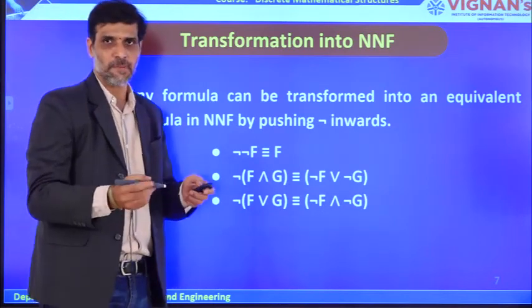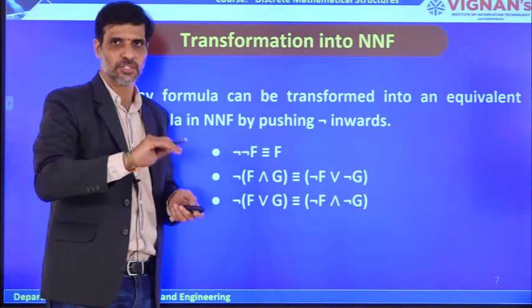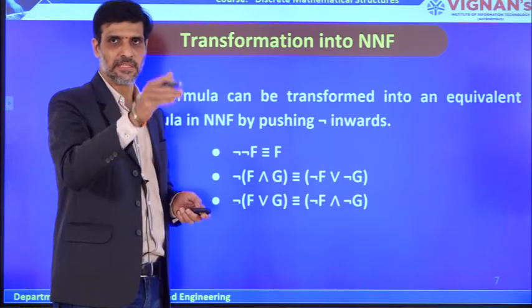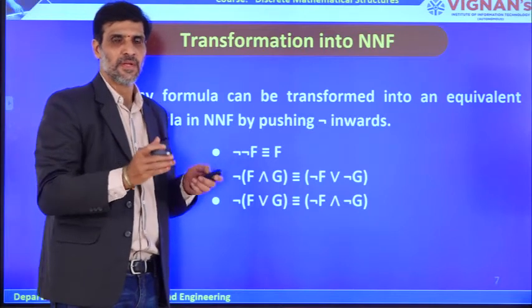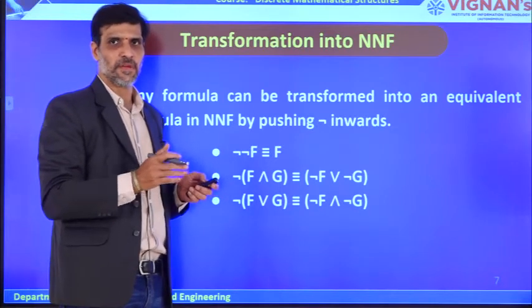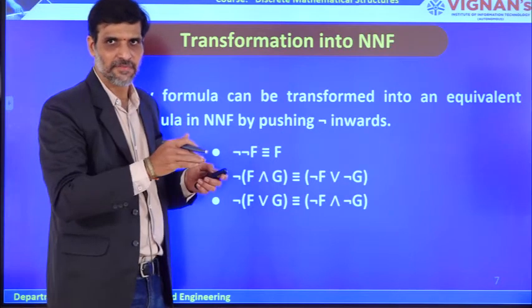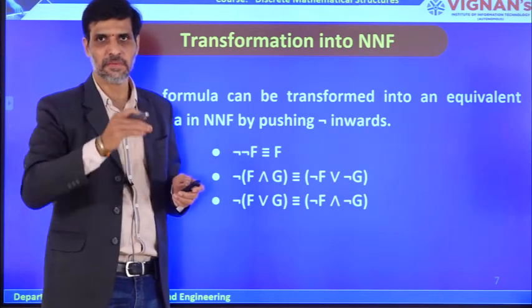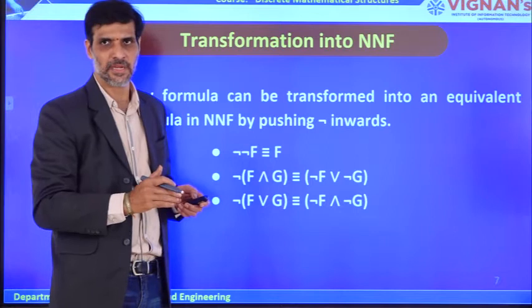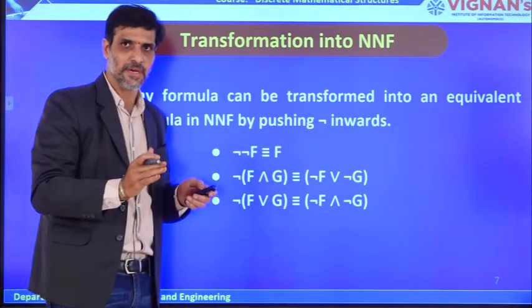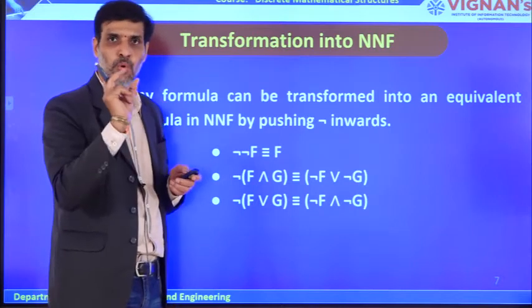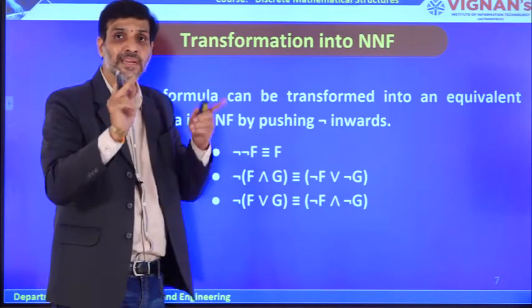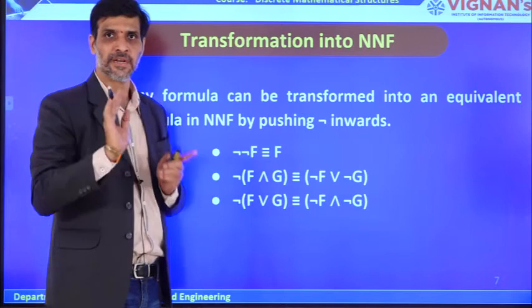Whenever a negation appears in front of a formula, push that negation inside the formula, and check that each propositional variable has a negation or not. Sometimes there may be a negation, sometimes not. If negation appears, it should appear in front of a propositional variable only, not in front of a compound proposition. Remember that.